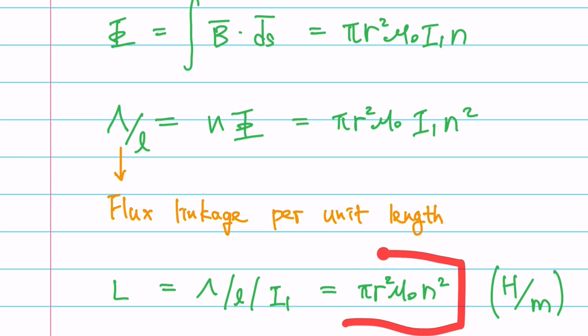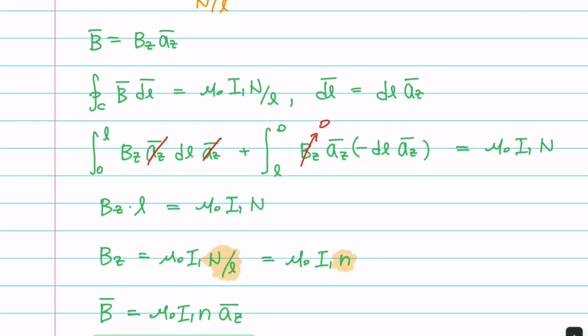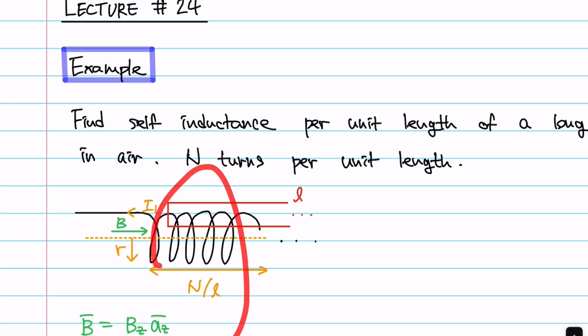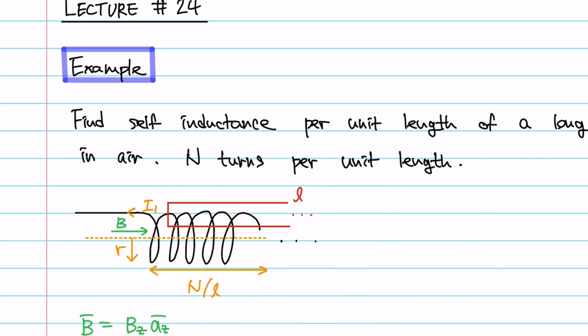The expression for that is this. So the inductance per unit length will increase if you have more turns per length, meaning that if the lowercase n increases, then L will also increase. And the other thing is if you increase the radius, so if the loop of this coil is this big, then you'll have a larger self-inductance.